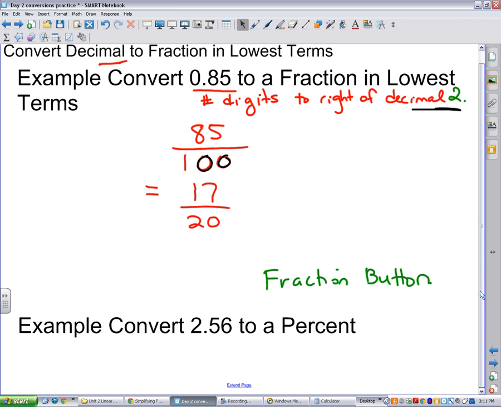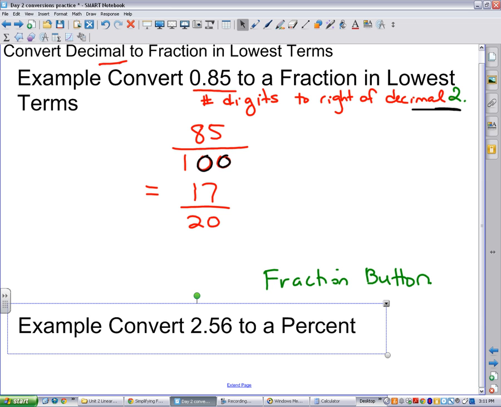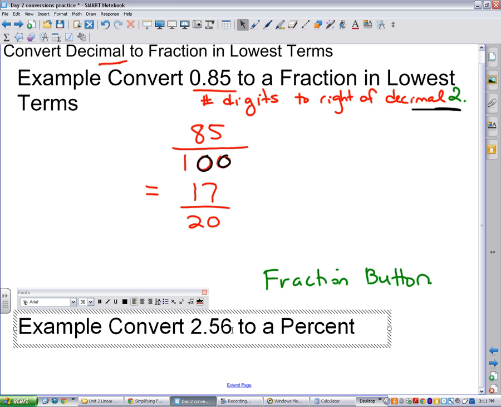I have another example here, and I'm going to change this to have another value. Let's call this 2.568, and I'd like to convert that to a fraction.